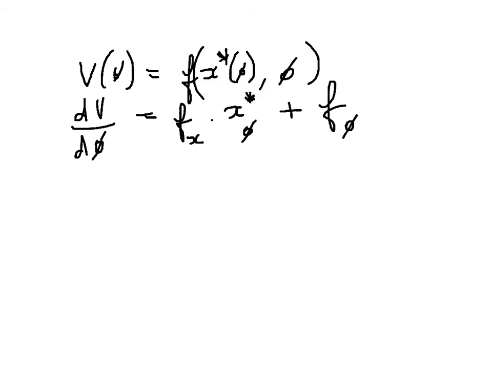This equation does not simplify as easily as before, right? Because partial derivative of f with respect to x star is no longer equal to 0. From the first order condition before, I can see that f of x is equal to minus lambda g x.